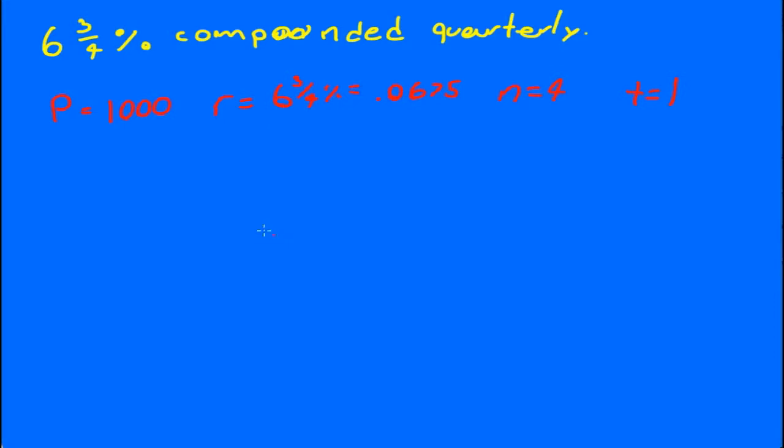Now let's use our formula. A equals 1,000 times (1 plus 0.0675 over 4) to the 4 times 1.